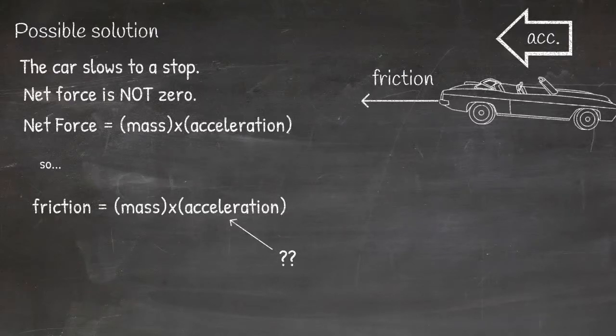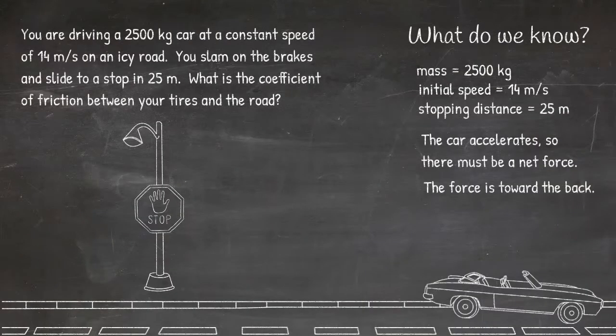So let's go back to the problem and remind ourselves. It's good to look back, just to make sure we didn't miss anything. We've used the mass of the car so far. When we calculate the acceleration, remember acceleration depends on speed. Normally the acceleration equation also depends on time, which is not given to us in this problem, how long it takes for the car to stop. But we are given a stopping distance, and if we really wanted to, we could calculate the amount of time it takes to stop.